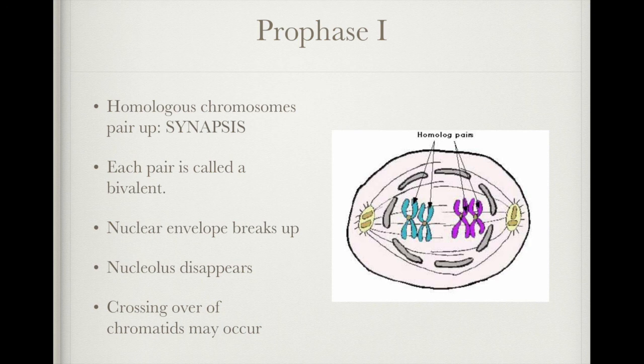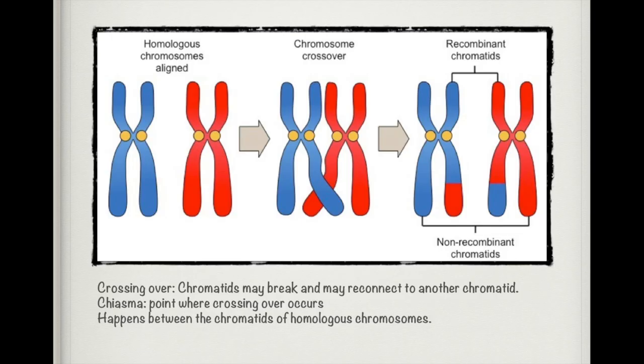Some daughter nuclei may get some chromosomes and some others. That's independent assortment. It means we don't know if that one or that one will go to the daughter nucleus along with that one or that one. And imagine now that we have 46 chromosomes, 23 homologous pairs. That is much more random, this independent assortment. So these two are why meiosis is responsible for genetic variation. Okay, let's move on now.